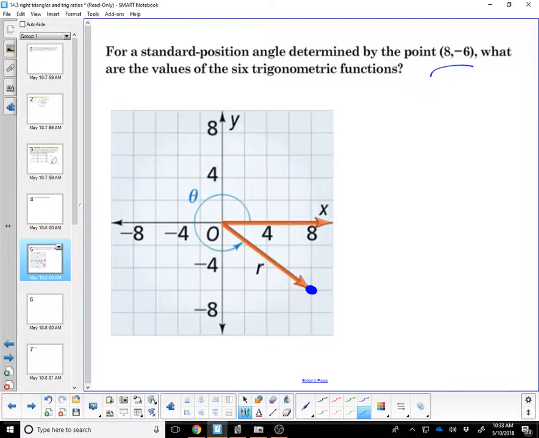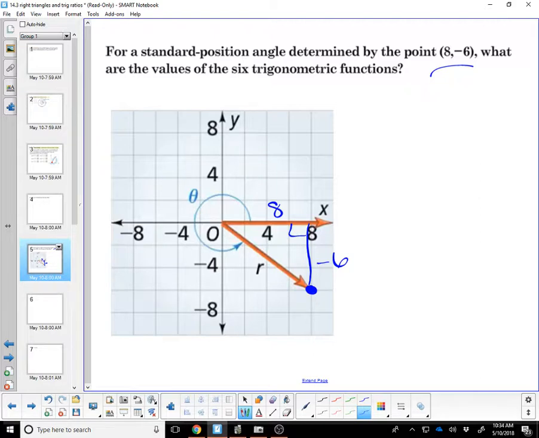Now again, what do we do with these things? We always come back up and make our right triangle, correct? That gives me a lot of information already. Because the coordinate is 8, -6, I know these are always in the order of x, y, correct? So the length of x is 8, the length of y is -6.